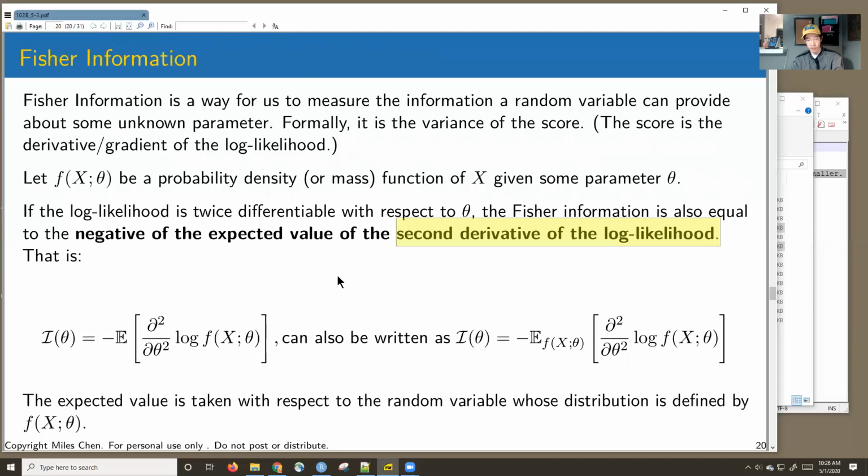And the Fisher information is the negative of the expected value, okay? The way we calculate expected values is we take whatever is inside the expectation and multiply it by the probability function, right? So the expected value in this case is taken with respect to the random variable defined by the PDF f of x given theta, right?